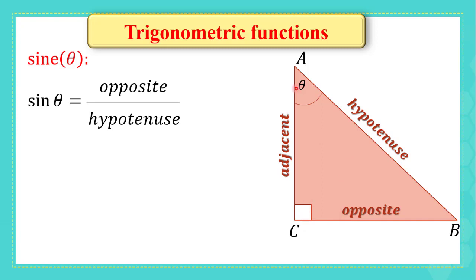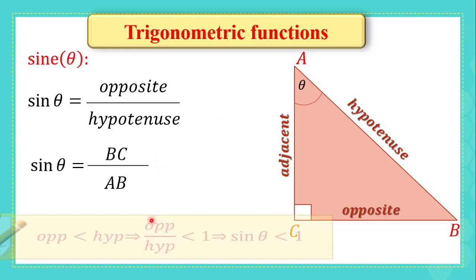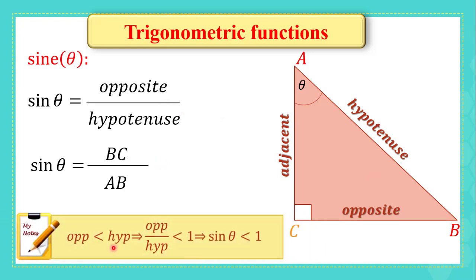Then, in this case, sine theta is equal to the opposite, which is CB or BC, divided by the hypotenuse, which is the side AB. Note that the hypotenuse is greater than the opposite. Then, since the opposite is smaller than the hypotenuse, the ratio is smaller than 1, which means that sine theta is always smaller than 1.